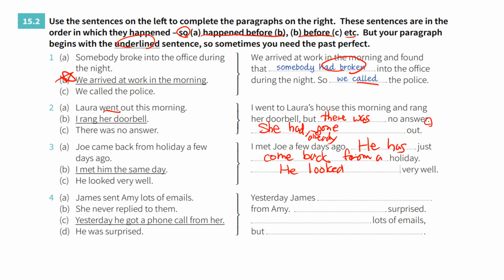James sent Amy lots of emails. She never replied to them. Yesterday he got a phone call from her. He was surprised. Yesterday James got a phone call from Amy, and then he was surprised.